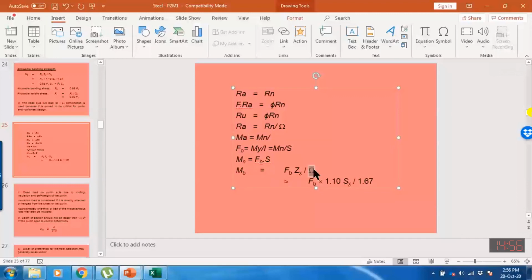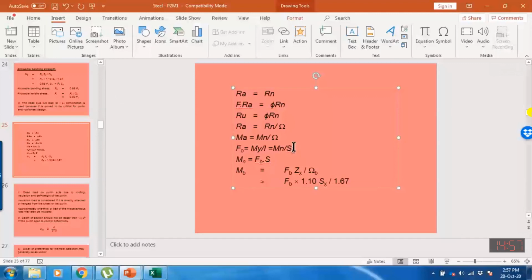If I substitute the value of Mn here, this equation will become: MA will be equal to Fb and Z, the elastic section modulus. Here actually S is the elastic section modulus, but the subscript X is denoting the section modulus about the x-axis, because the section tends to bend about the x-axis.